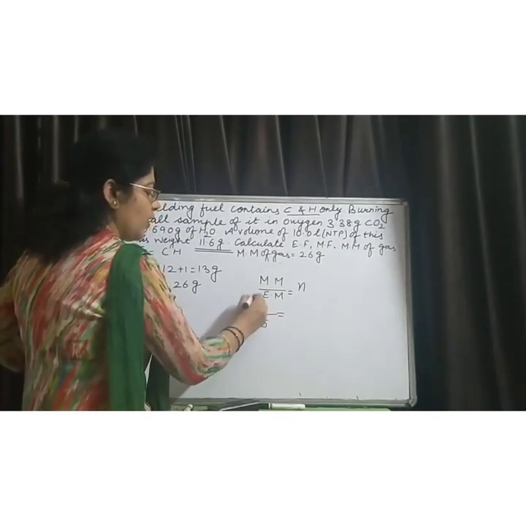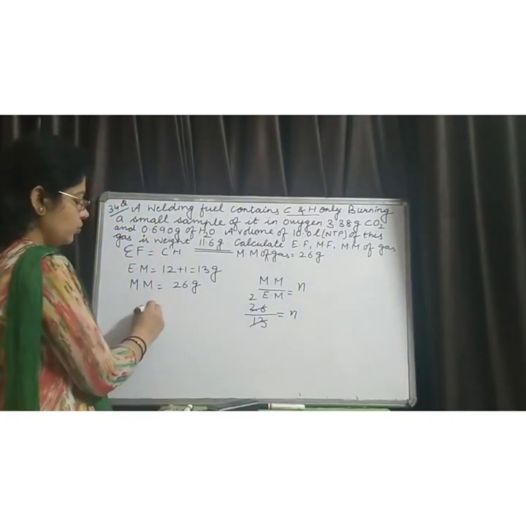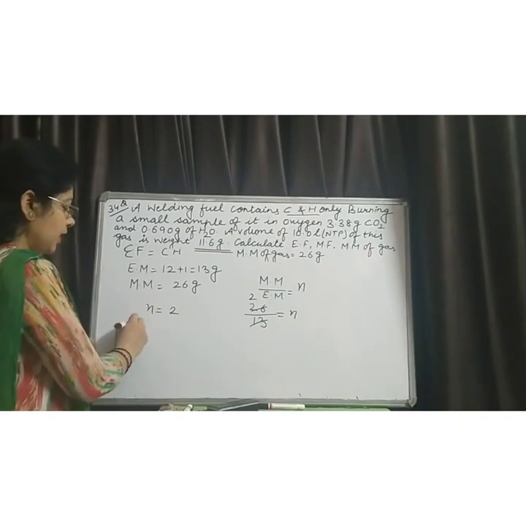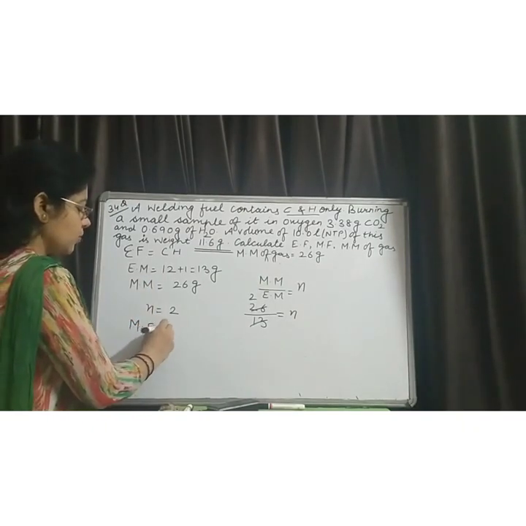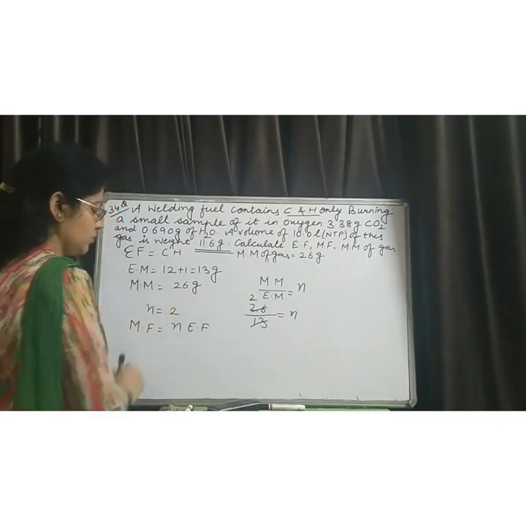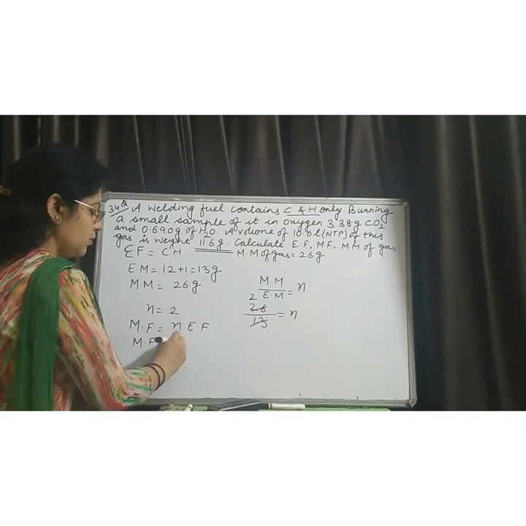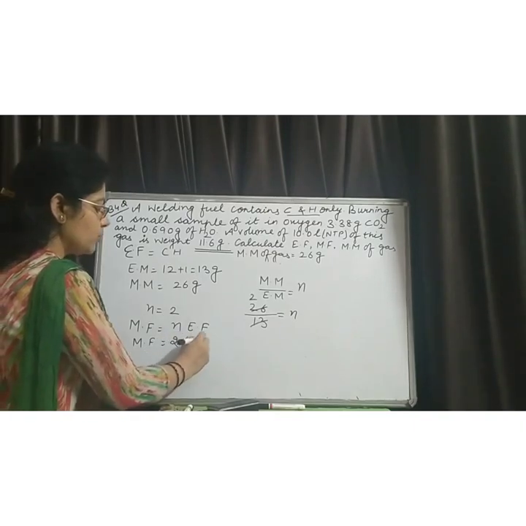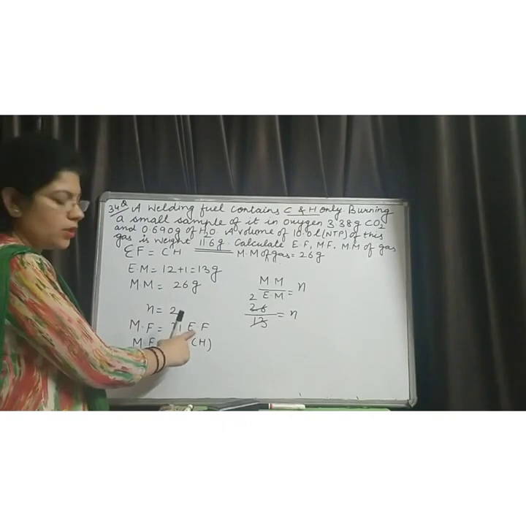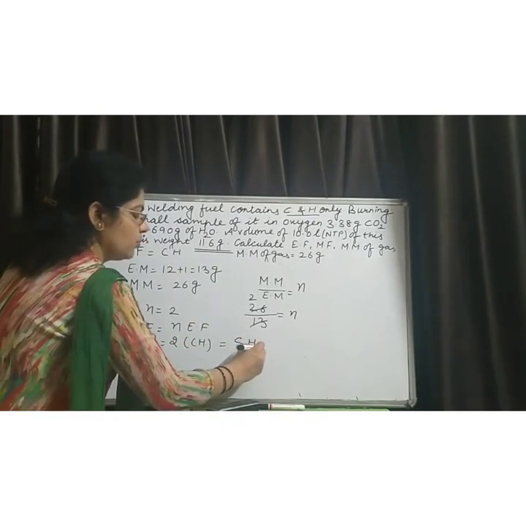So the value of N comes out to be 2. We know that molecular formula is equal to N into empirical formula. So the molecular formula is 2 into CH, where CH is the empirical formula of the compound. So the molecular formula is C2H2.